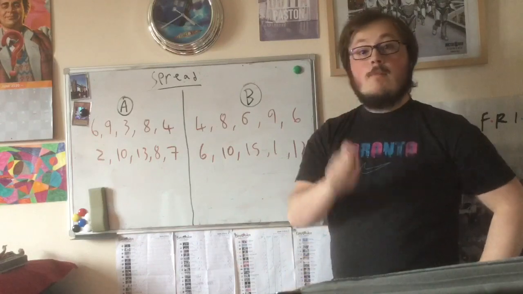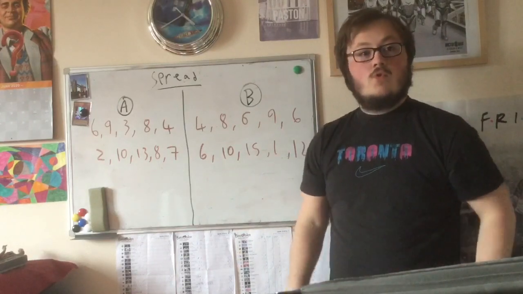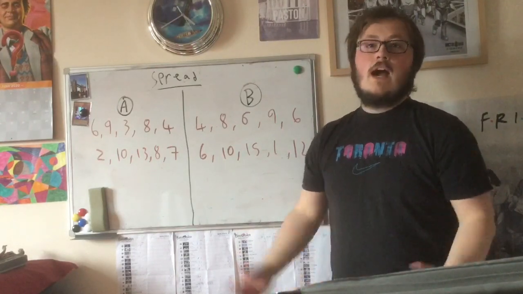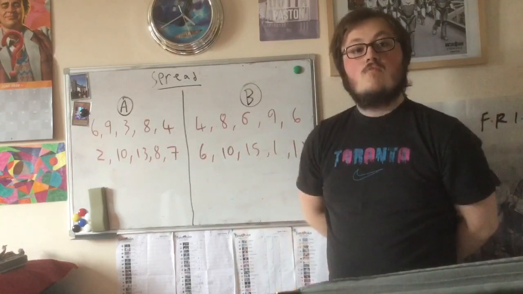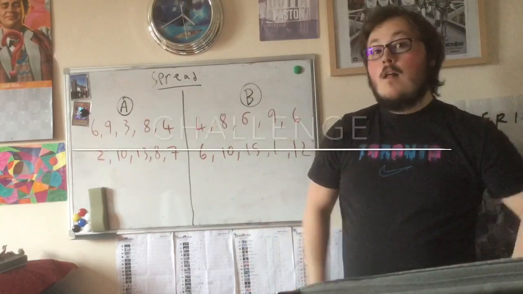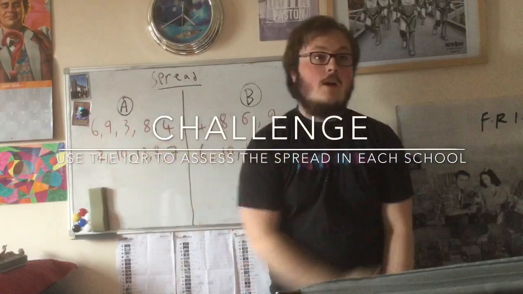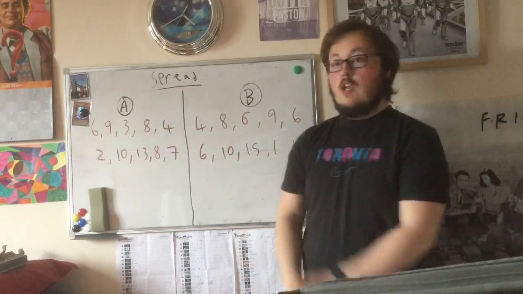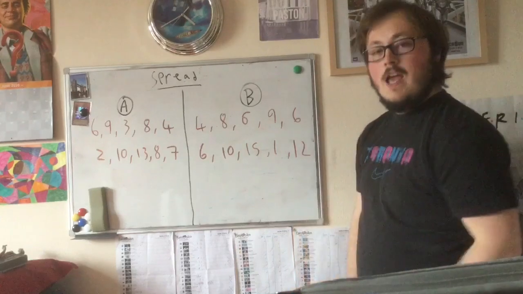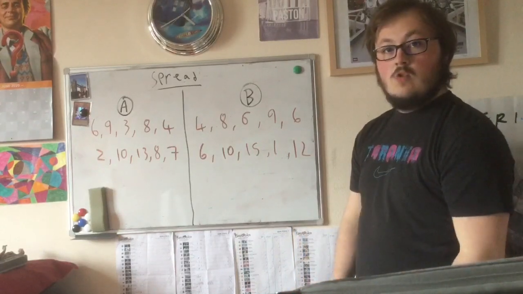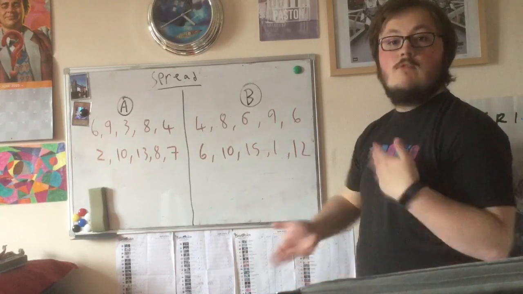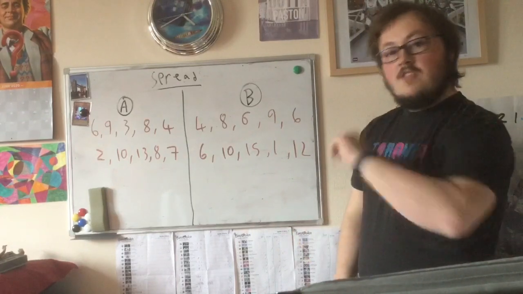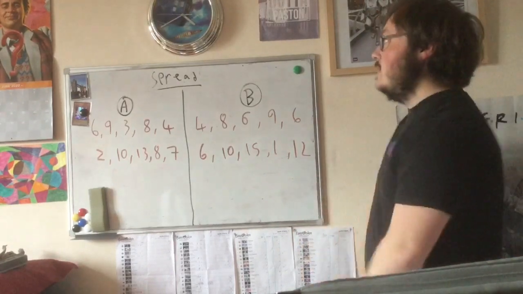Now, from this, I want you to use the interquartile range to say which school has a more consistent result. I've got the numbers, all fine, but I have not ordered them. So that's the first thing that you have to do. That's firstly a little clue. Now, remember how to find the quartiles, and I want you to find the median as well, so we know we're keeping on track. And using the interquartile range, which school does better?